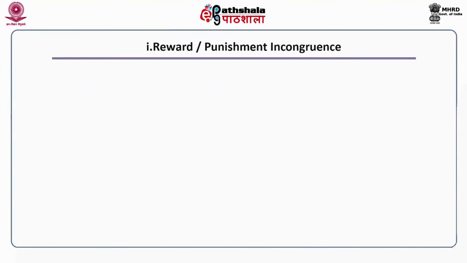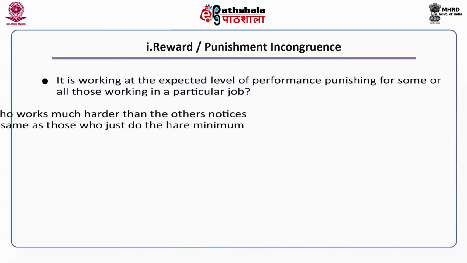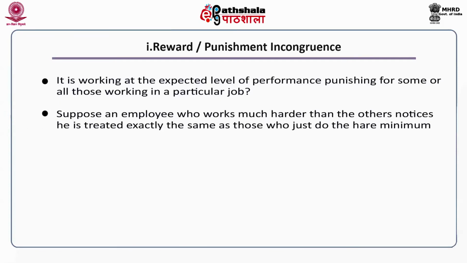Let's discuss the first discrepancy, reward punishment incongruence. This is when those working at the expected level of performance are punished, or some or all of those working in a particular job are not rewarded. Suppose an employee who works much harder than the others notices he is treated exactly the same way as those who just do the bare minimum.